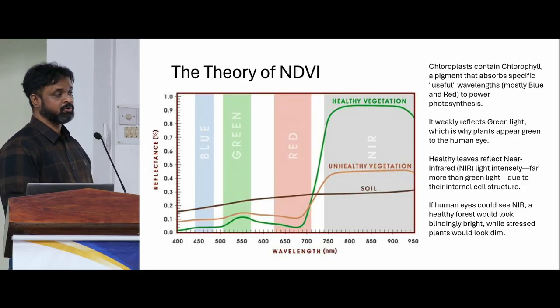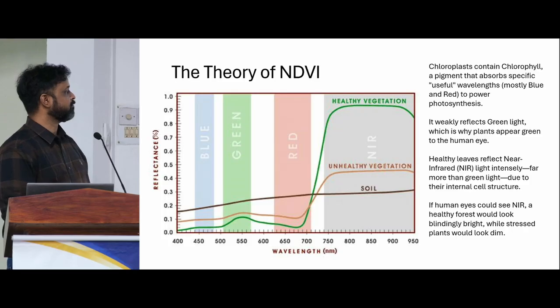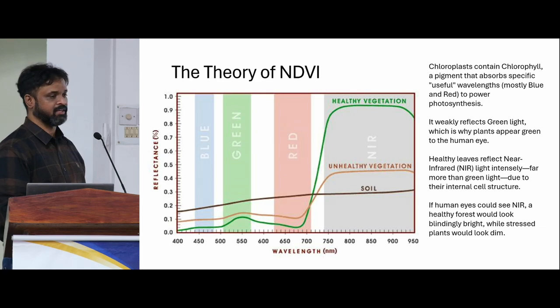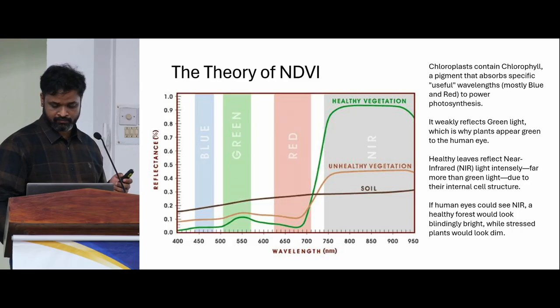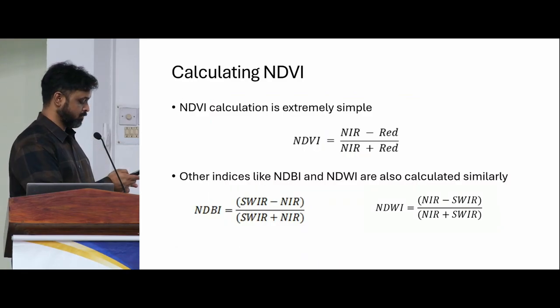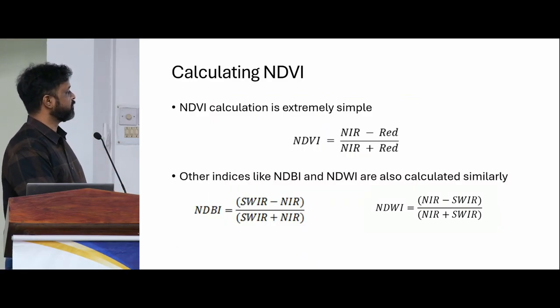So now that you know from this band information, I can tell which would be vegetation because it's reflecting a lot of this and not that. I can then use that information to construct an index, which is the normalized difference vegetation index.